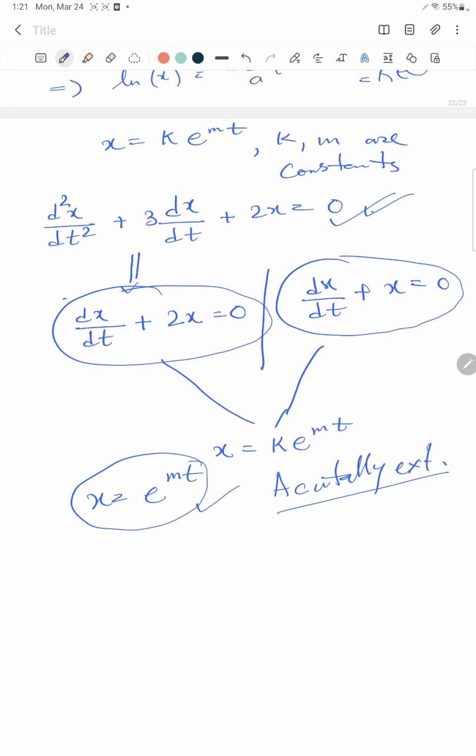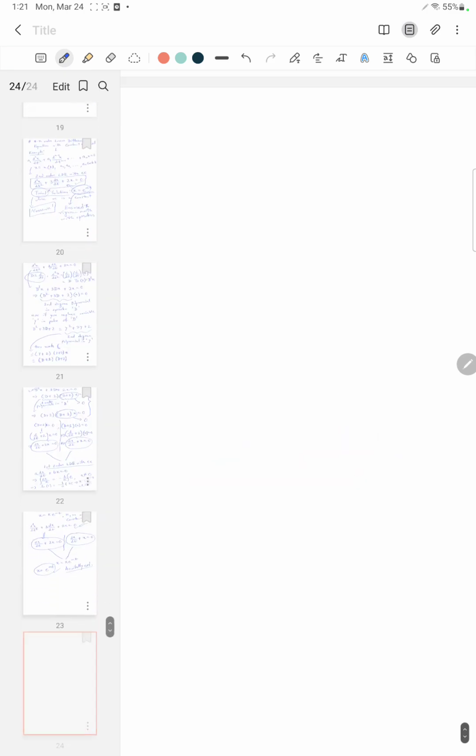Now let us see for an nth degree polynomial in short what will be the story. Suppose you have an nth order linear differential equation with constant coefficient, like this.